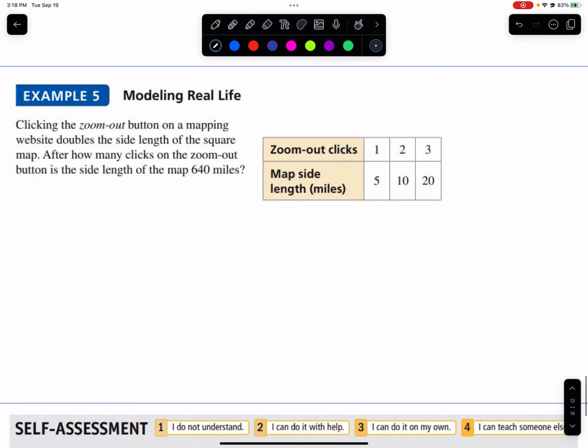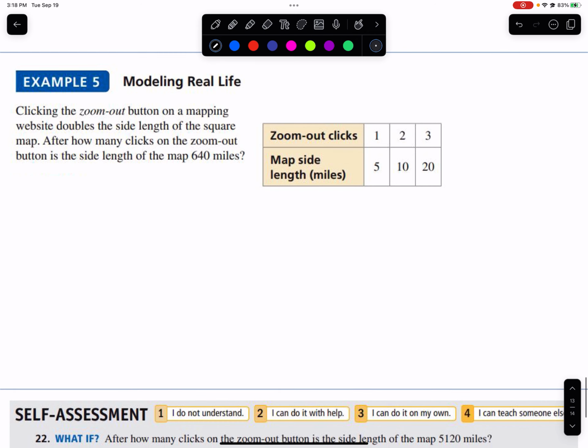All right, so example 5, modeling real life. We've got this situation here. Clicking the zoom out button on a mapping website doubles the side length of the square map. After how many clicks on the zoom out button is the side length of the map 640 miles? So I want to know at what point does this become 640? So this is my n, and this is my a sub n.